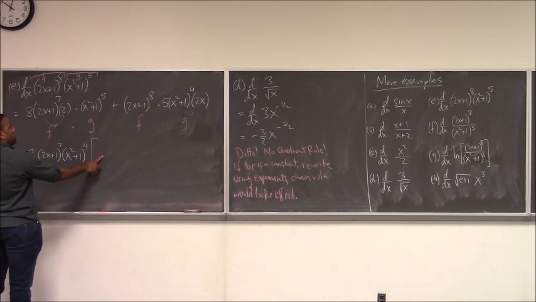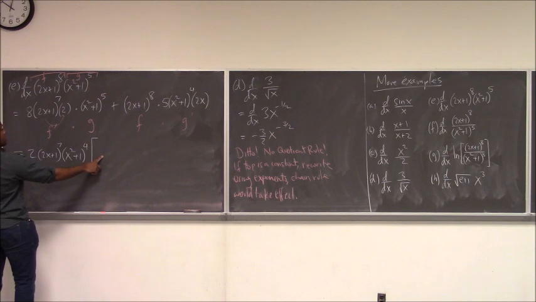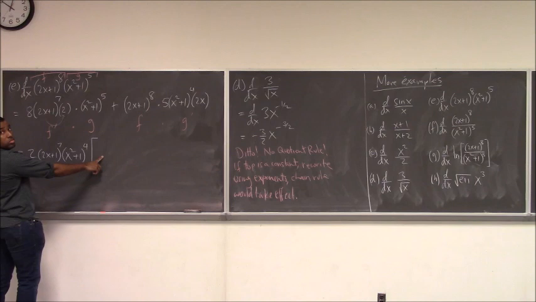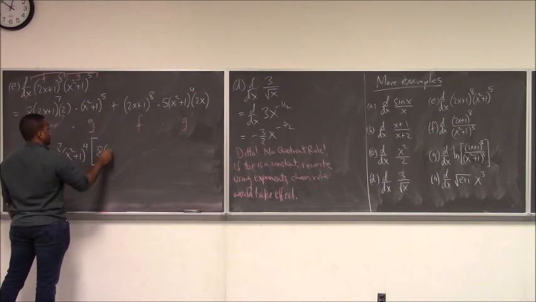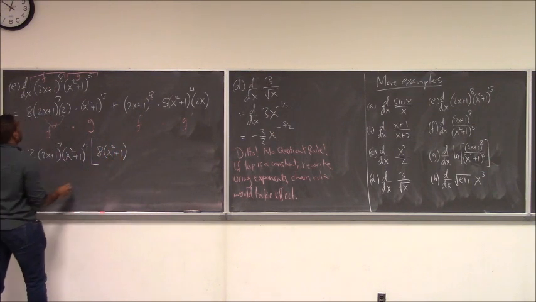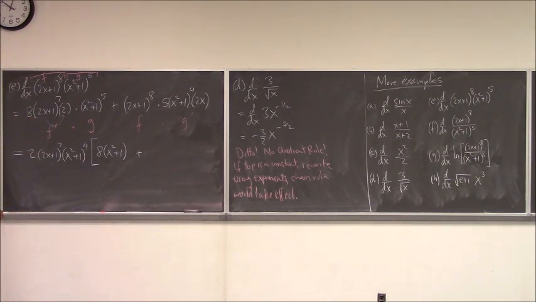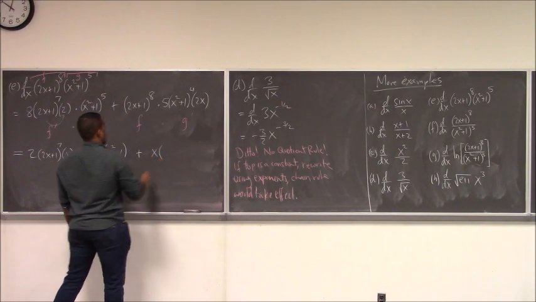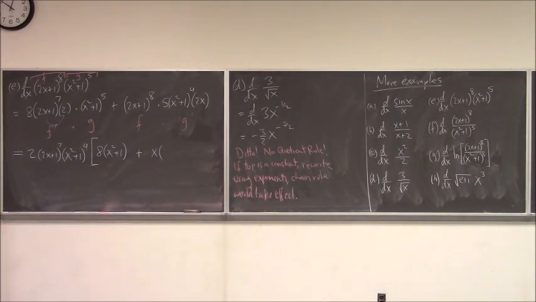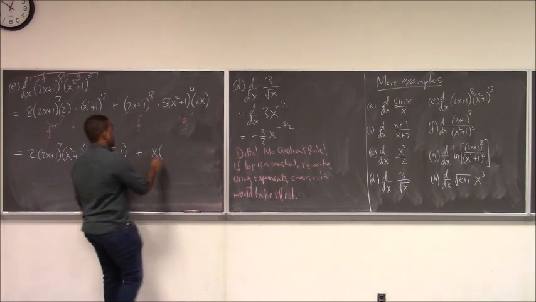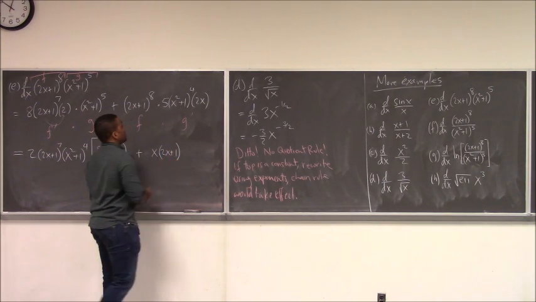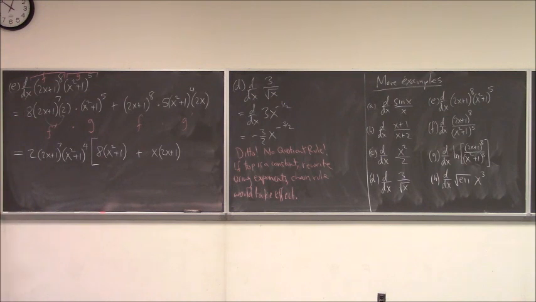So what would I have left here? Yeah? 8 times x squared plus 1, plus x minus 2x plus 5x.